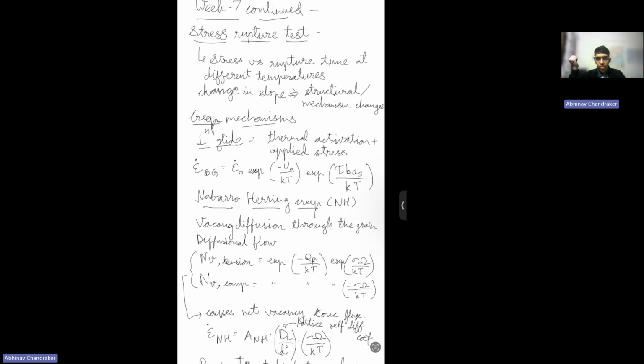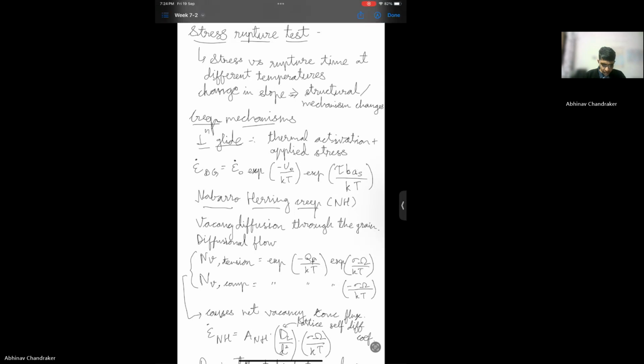But there is also another kind of test called the stress rupture test. So in creep test, you are more concerned with what is the minimum creep rate you get, or how much time it takes to reach a particular strain for a particular stress and temperature. But in stress rupture test, you want to see the load bearing capacity of the material. You are more concerned with how much load a material can bear before it fails.